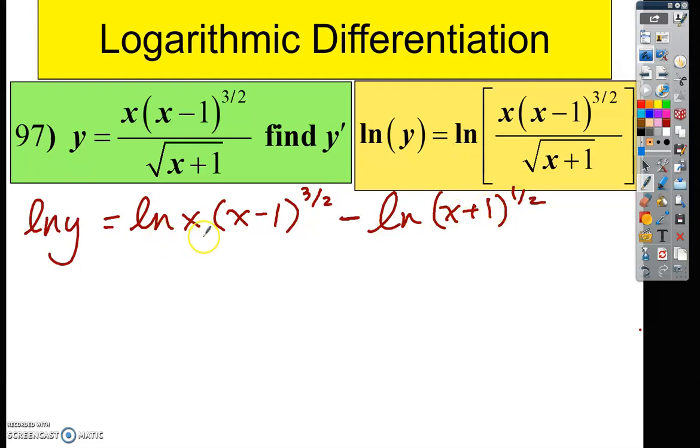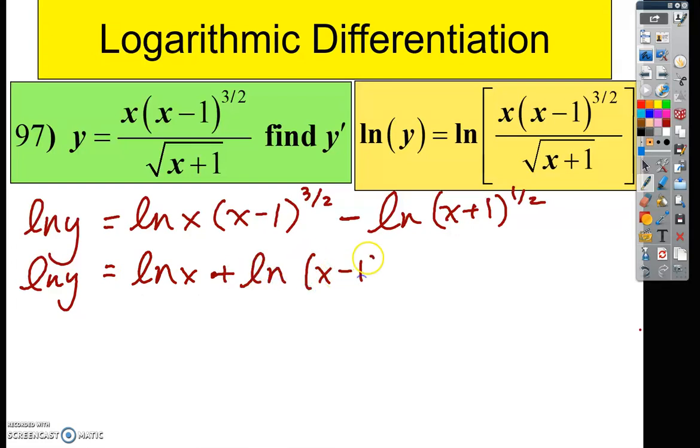We're going to do a little bit more expanding on this side, natural log of y, and then we have the natural log of x plus the natural log of x minus 1 to the 3/2 power minus the natural log of x plus 1 to the 1/2 power.